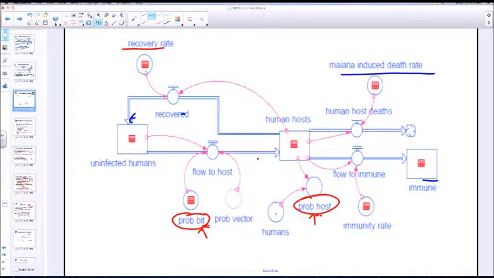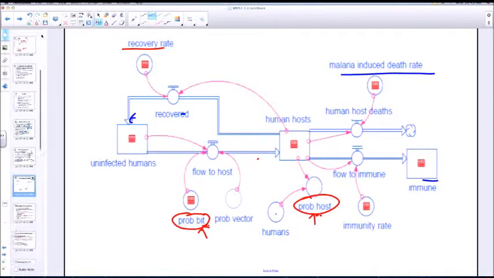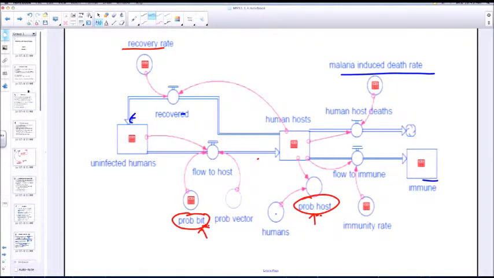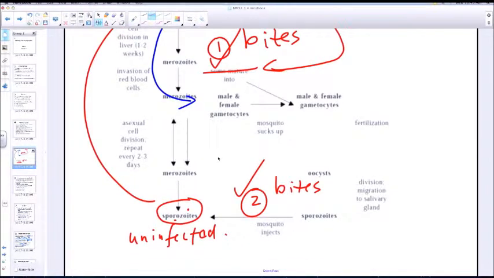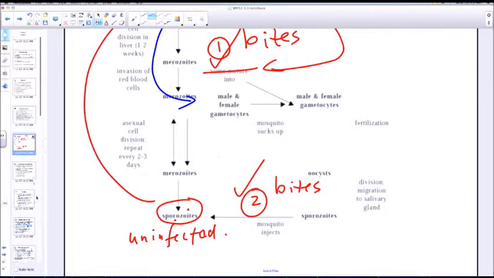And that connection is exactly reflected in this bite and this bite, because of the probability of bites and the probability the bitten human is the host, and then this bite needs to bite the uninfected. That's the connection.